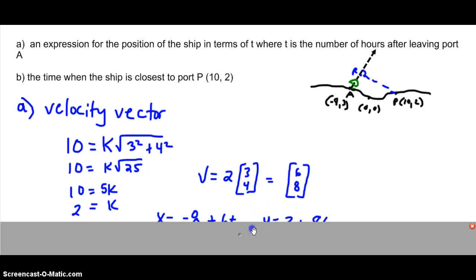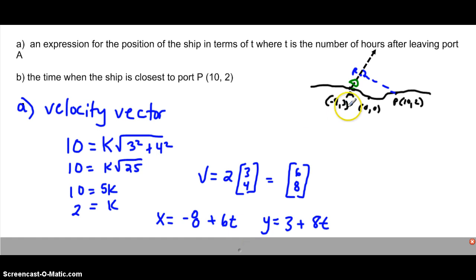And we said our initial position was the port A, so our initial x value is -8, and our initial y is 3. Notice too that the origin here is 0, 0, so our A is -8, 3, and our P is 10, 2.